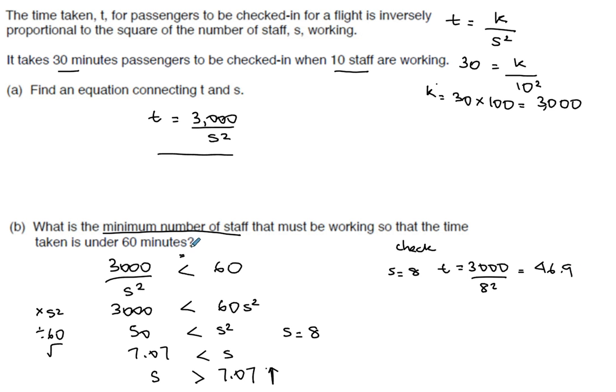So you can see the time taken is under 60 minutes. Yeah. But if you took S equals 7, then T would be 3,000 divided by 7 squared, which would have given you 61.2. So that's not under 60. So you can tell that one's right. Yeah, so S equals 8. All right, good.